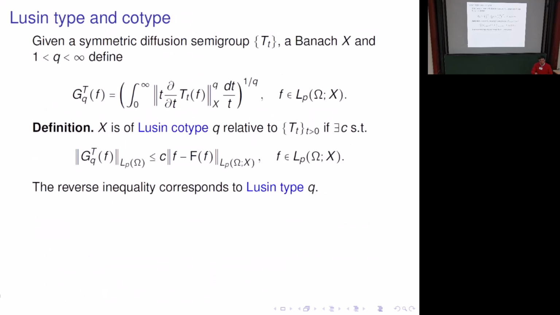So now I go back to my semigroup case. Again, as I said before, now I can form some general square function replacing 2 by Q, some index Q strictly between 1 and infinity, and we find such a Q variant of the usual square function. You should compare this square function with the martingale case.